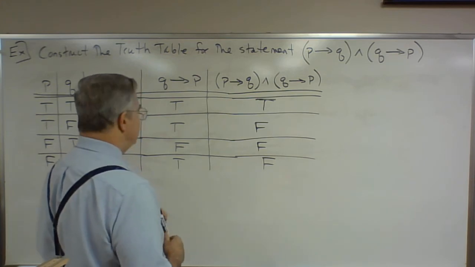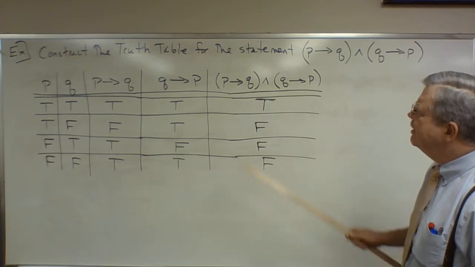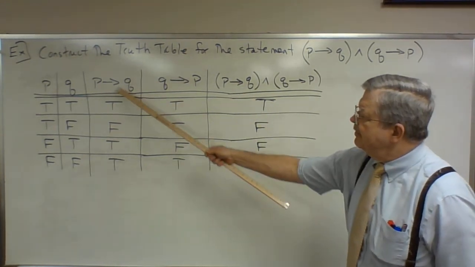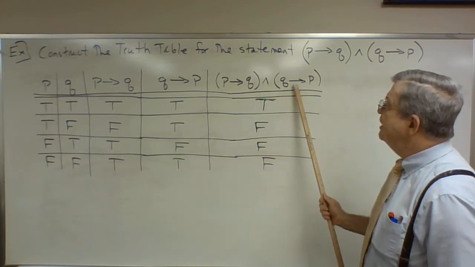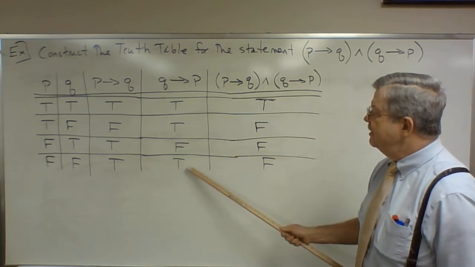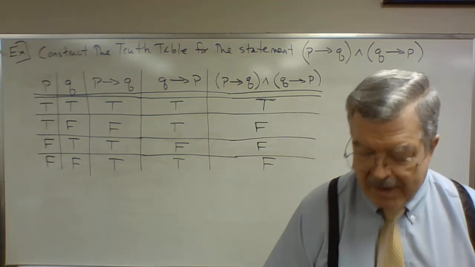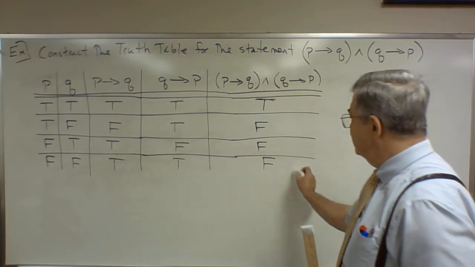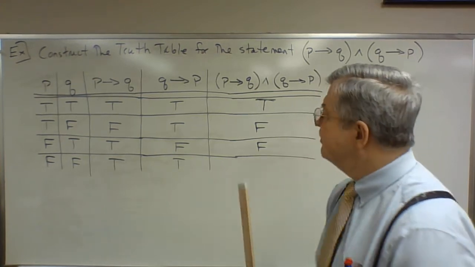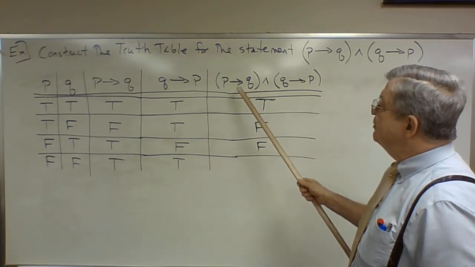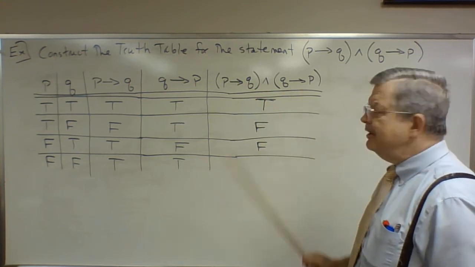Whoops. Wait a minute. This thing is true here, and this thing is true here. Son of a gun, it happens twice. Well, I'm just going to have to make a correction here. Son of a gun. There are two situations when this statement and this statement are true simultaneously.